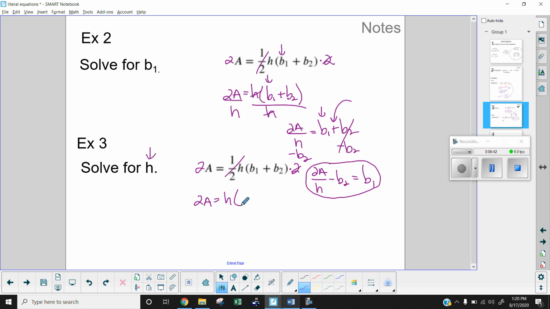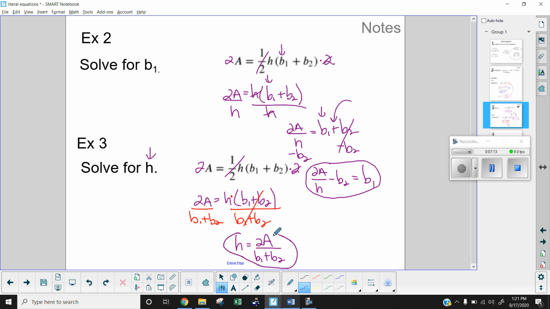That gives me h times b1 plus b2. Now to get h alone, I'm going to undo this multiplication with division. I'm dividing by the whole quantity, b1 plus b2. That is going to give me h equals 2a over the quantity b1 plus b2.